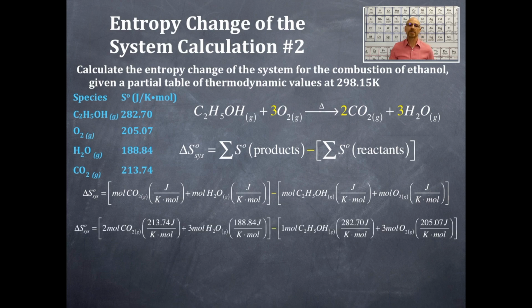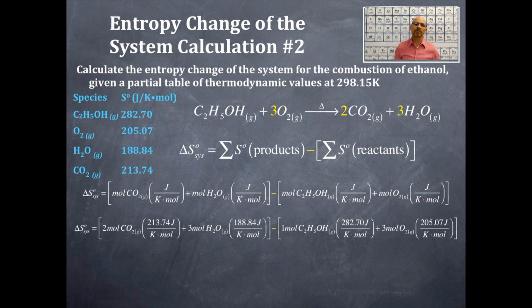All right, so let's plug in the values with the moles and from the data table, and this is what we get. Delta S0 for the system is equal to 2 moles of carbon dioxide times 213.74 joules per Kelvin mole, plus 3 moles of water times 188.84 joules per Kelvin mole, minus 1 mole of ethanol times 282.70 joules per Kelvin mole, plus 3 moles of oxygen gas times 205.07 joules per Kelvin mole.